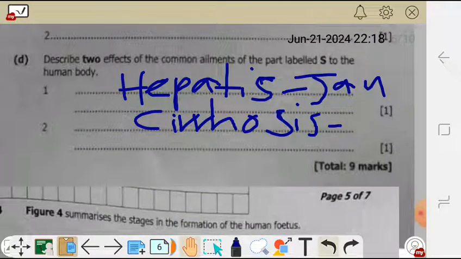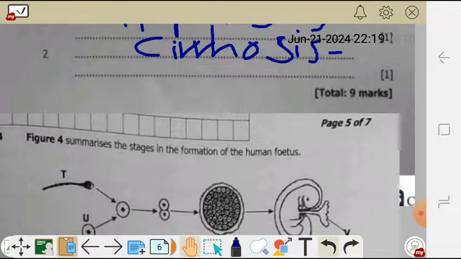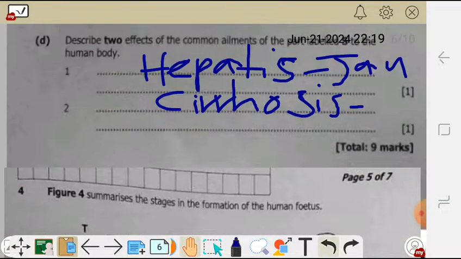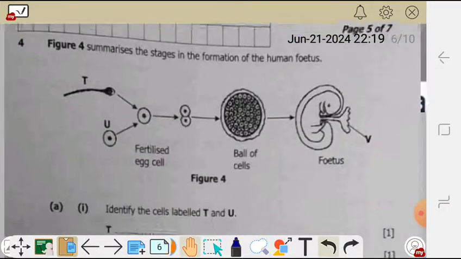So you write the name, which is hepatitis. What is the effect? Jaundice, discoloration of the skin. Then in cirrhosis, you write cirrhosis. What is the effect to the body? You are going to have depletion of vitamins or lack of vitamins there. Okay, so question 3 is done, and then we move on to question 4.